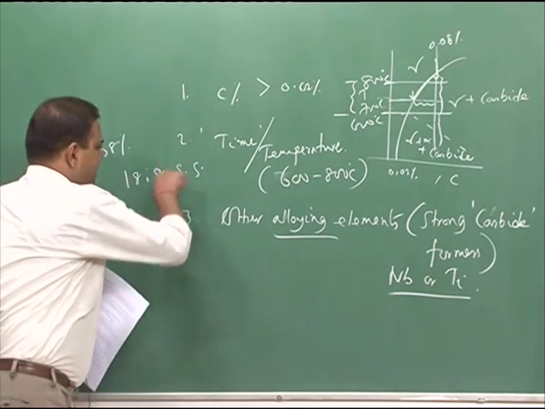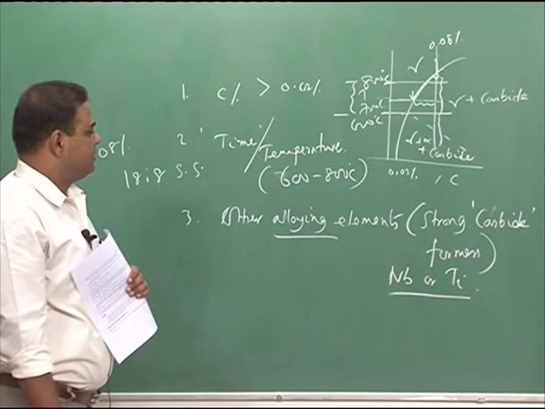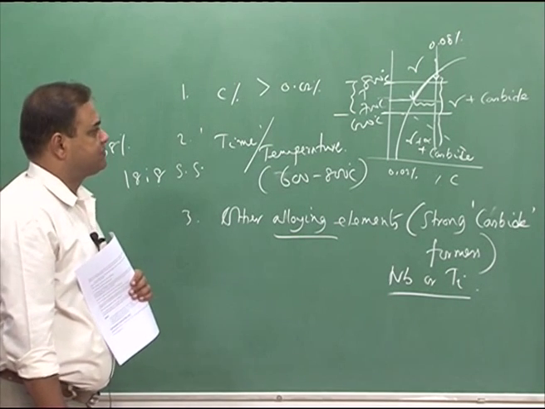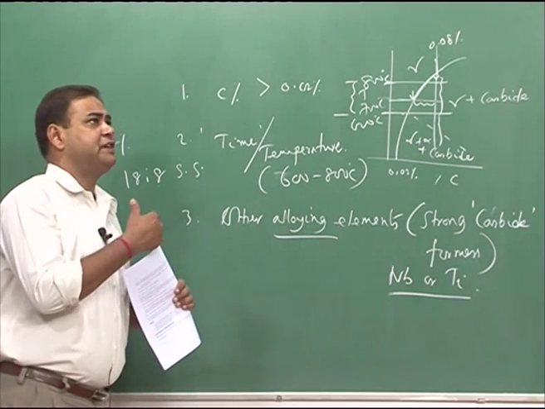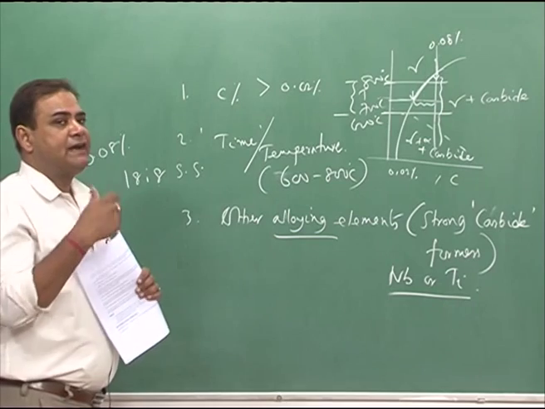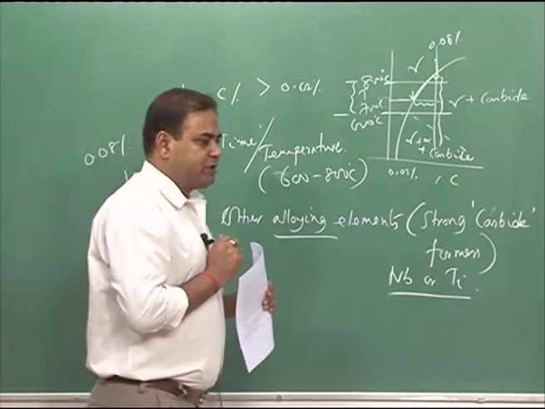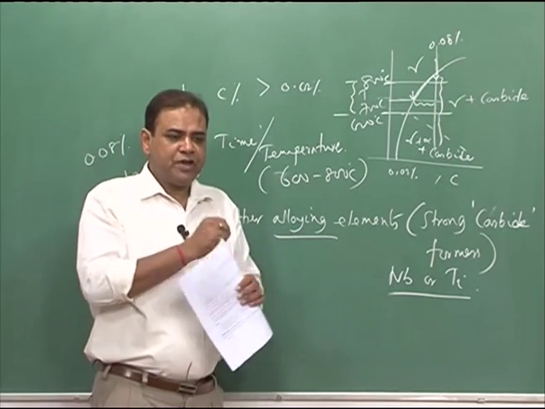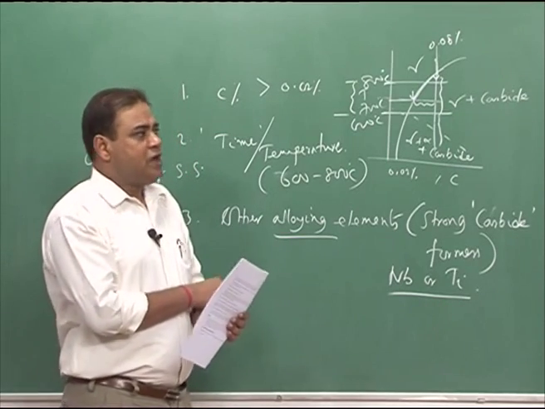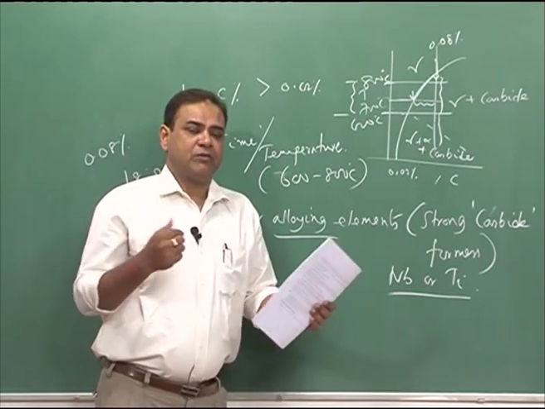So, these are the major criteria essential for carbide precipitation, preferentially chromium carbide precipitation, along the grain boundary, leading to a chromium depleted zone along the grain boundary, and that would give rise to intergranular corrosion, and we have already seen the mechanism.